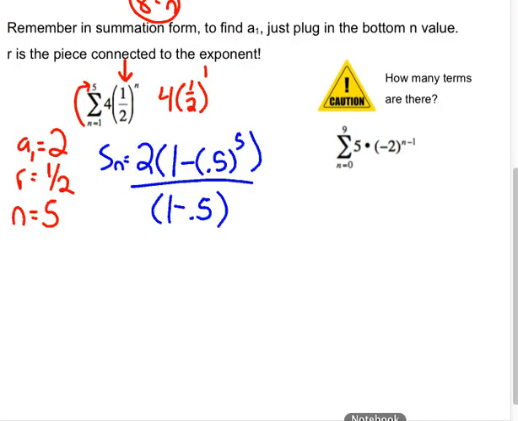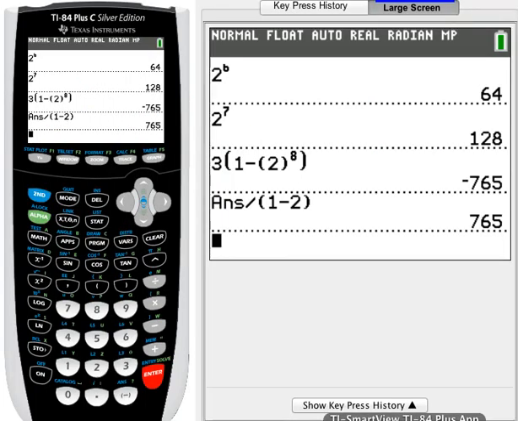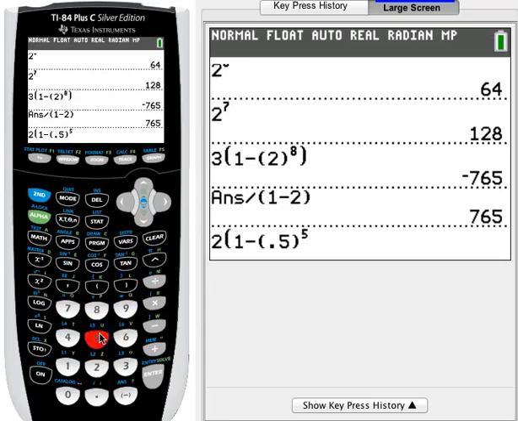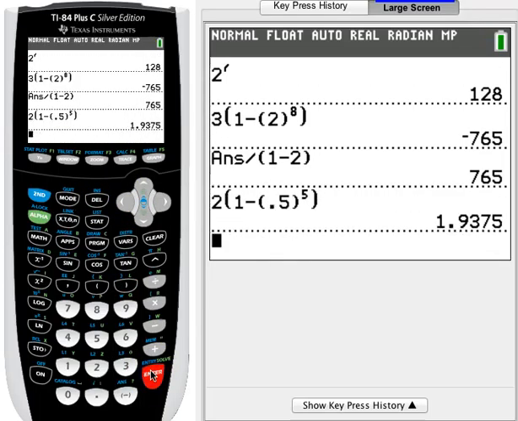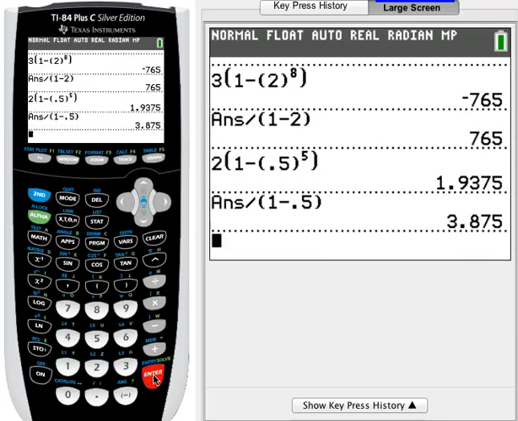Oh, and I need to remember, okay. 2 times 1 minus that 0.5 to the 5th power, oh, extra parenthesis there, hit enter, divided by 1 minus 0.5. Now I get 3.875.